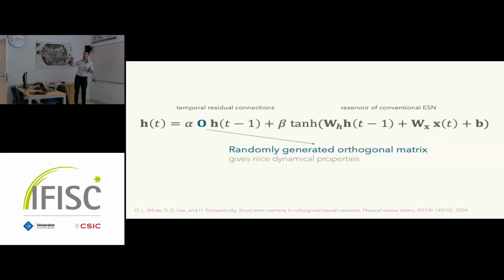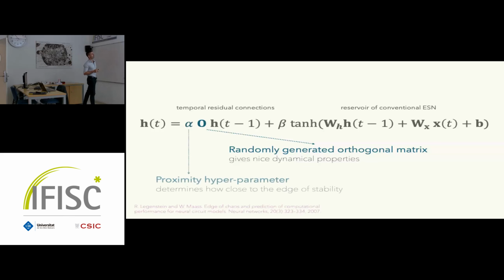It can be like the ring that we are sometimes used to. And this alpha here is a hyperparameter of the system that we call the proximity hyperparameter because it determines, as in a moment will be more clear, how close the dynamics of this equation is to the edge of stability. Okay, so by simply adding this part here, we are changing the architectural bias of the echo state network.